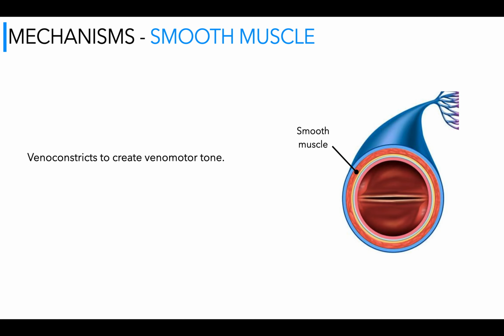We already have some tone there, and what happens is we just create more venomotor tone. So they venoconstrict, and it aids the movement of blood.